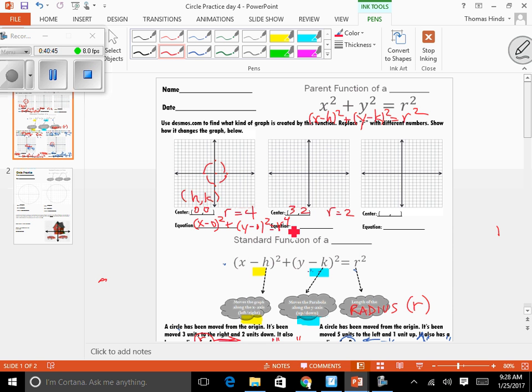When it's x minus 0 is just x. So the way they would actually write it is just x squared. The y minus 0 is just y. So the way they would actually write it is just y squared. The 4 to the power, that's still just fine.